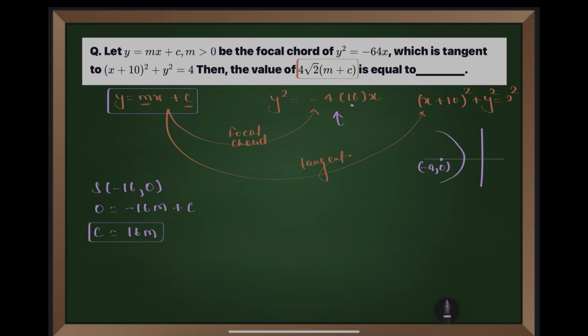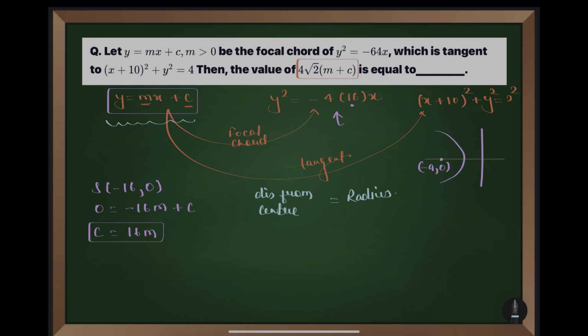Now you know that this straight line is tangent to your curve, means the circle. So can I say that the perpendicular distance from the center of the circle to the line will be equal to the radius, right?